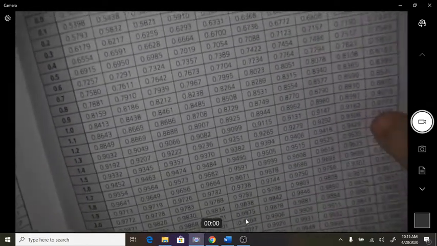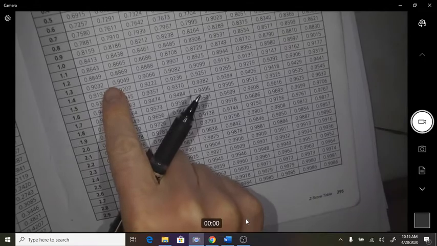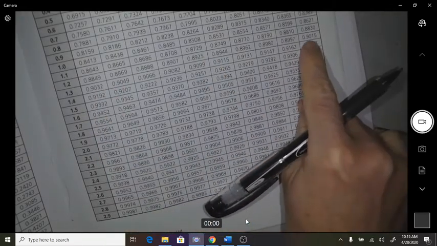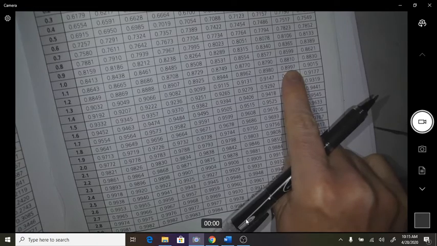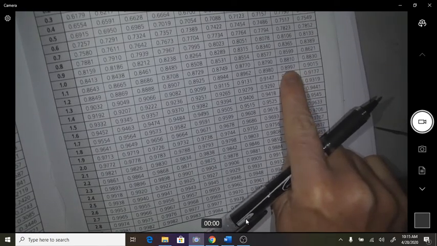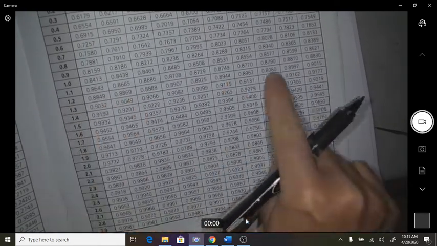So 90%. So again, on your chart, now I know I'm on the positive side. So I'm looking for a 0.9. What's the closest to 0.9? This one right here, that's closest to 0.9. That's closer than that. So 1.28.